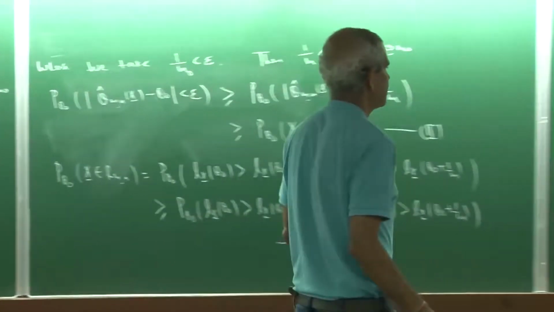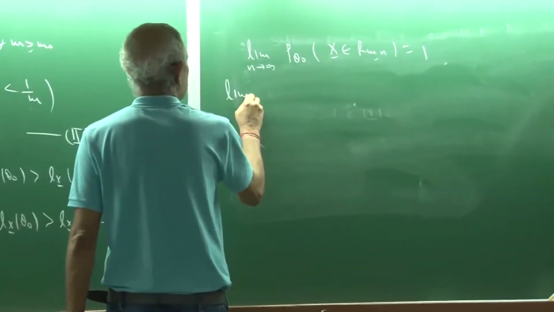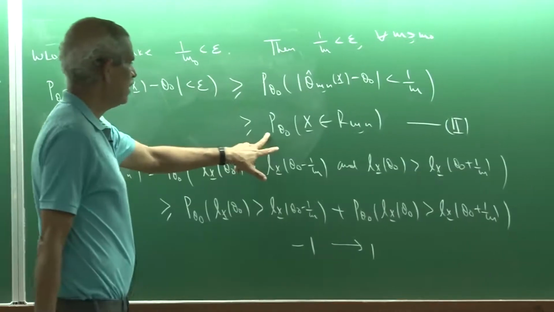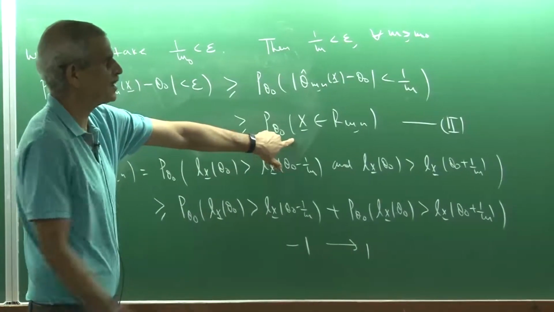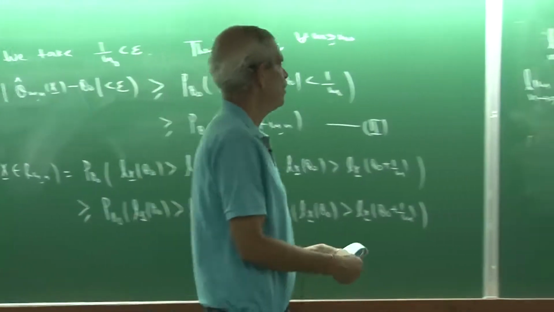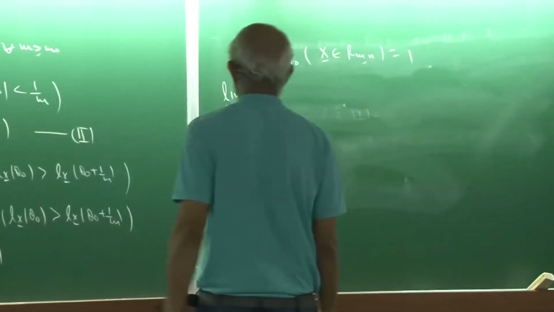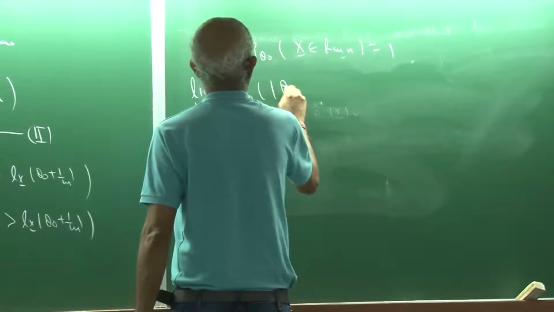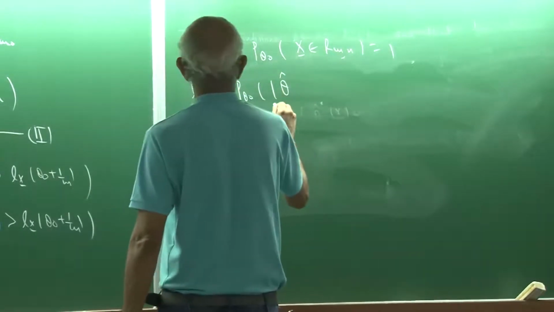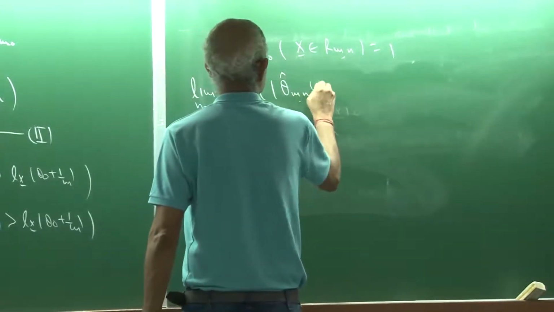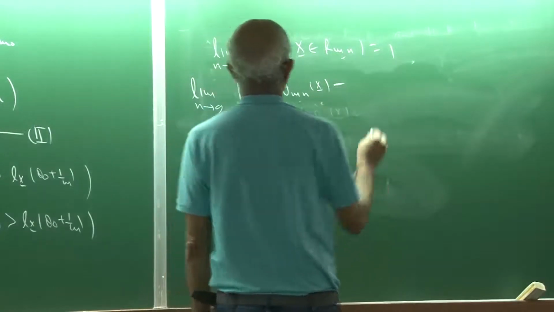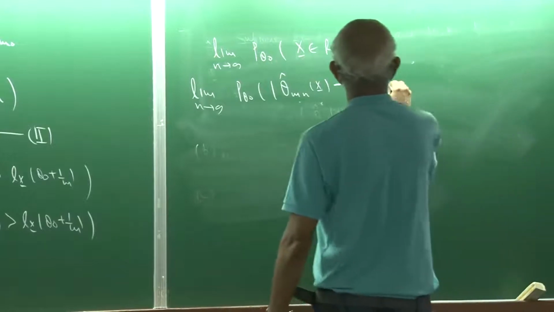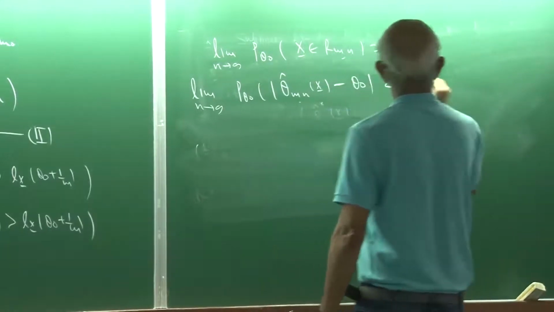So 2 says that the limit as n goes to infinity would be greater than or equal to the limit as n goes to infinity of this, but this I have shown is 1. So a probability cannot be greater than 1 in the limit, so P theta naught of mod of theta hat mn x minus theta naught is less than epsilon is equal to 1.